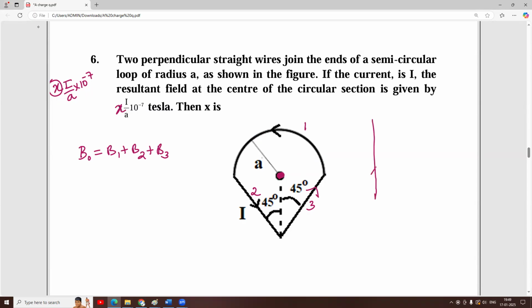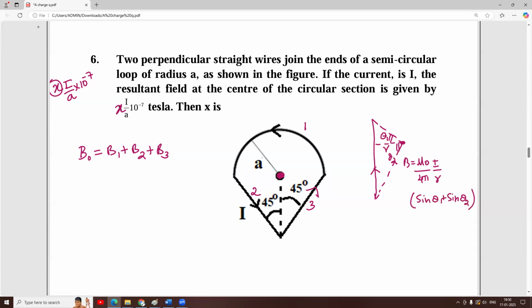If a straight wire is carrying current, and if you select a point here where I want to measure the magnetic field, and if this distance is r, and the lines joining this point to the ends of the wire make angles theta 1 and theta 2, then the magnetic field here is mu naught by 4 pi I by r into sine theta 1 plus sine theta 2.